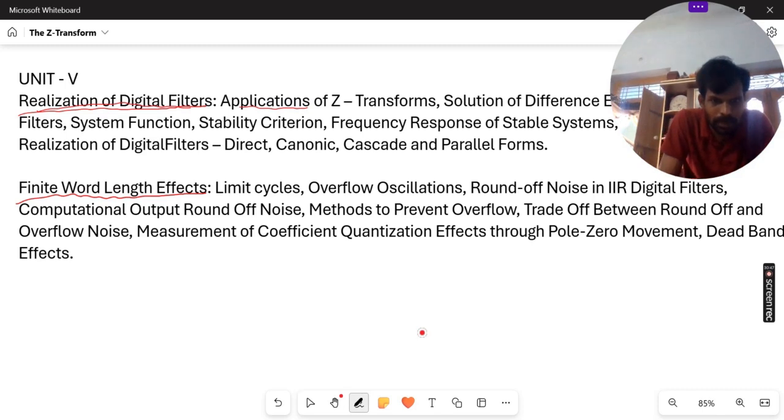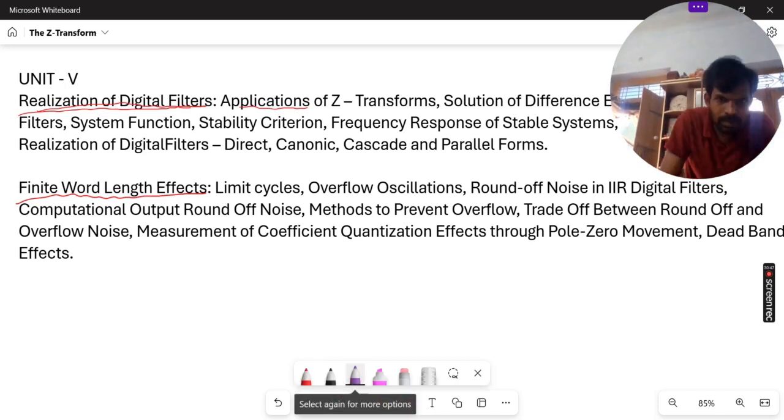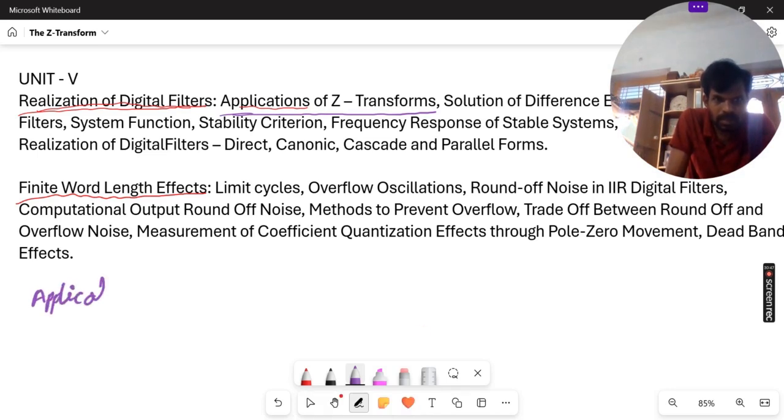So let us discuss the applications of Z transform. I'm going to put the side heading applications of Z transform.